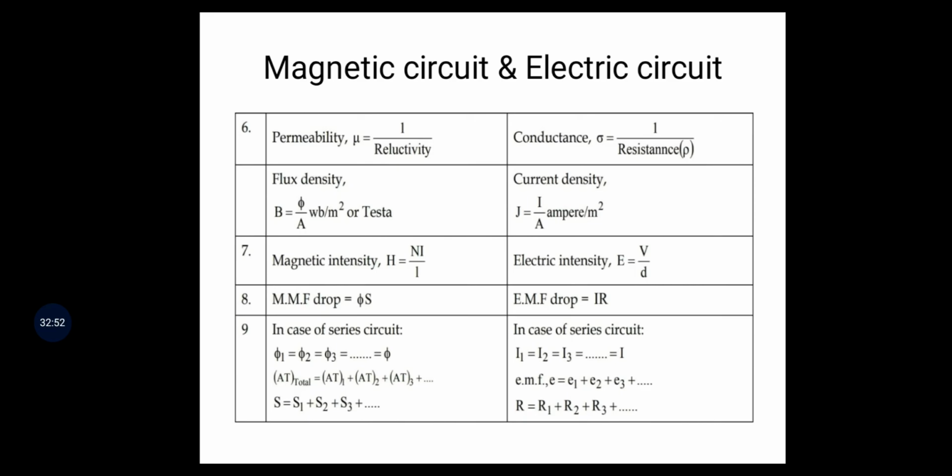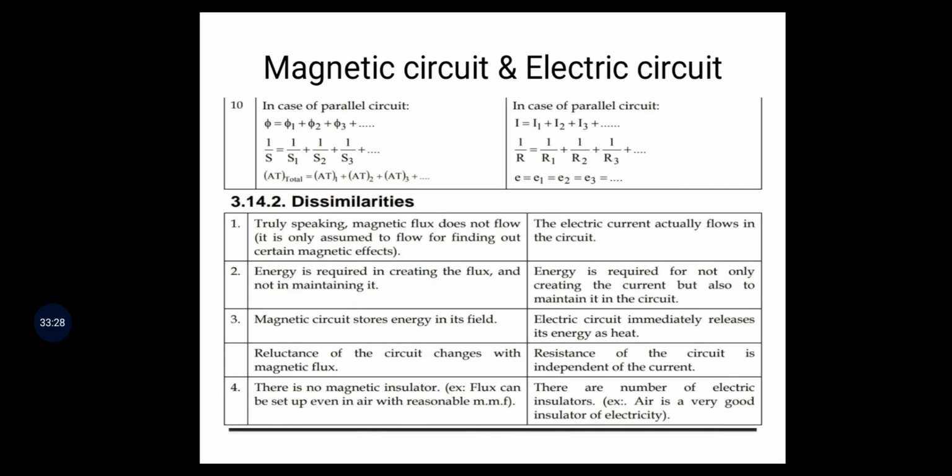In case of series circuit, total reluctance S equal to S1 plus S2 plus S3. In case of electric circuit, total resistance R equal to R1 plus R2 plus R3.